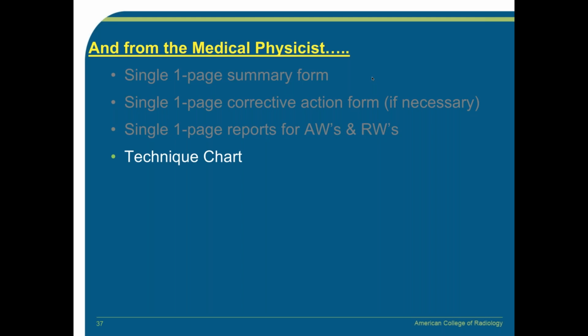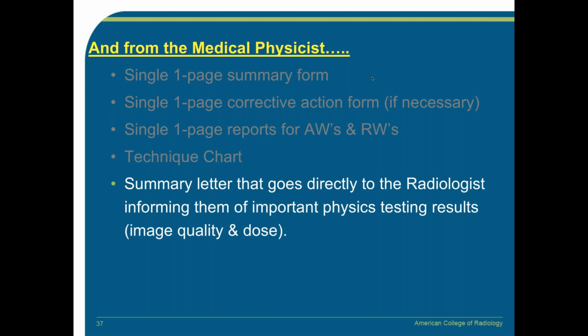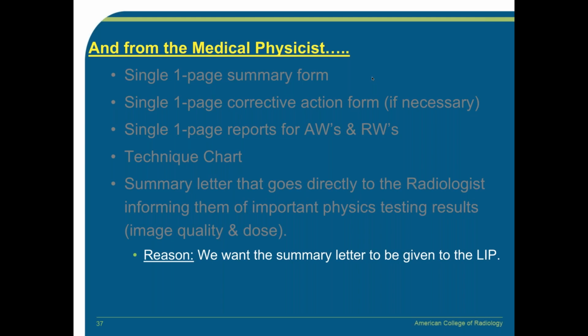We will provide a technique chart for 2D and 3D imaging. We will generate a summary letter that goes directly to the radiologist, informing them of important results, basically focusing on image quality scores and the doses that we find. And this is because we want to get this directly in front of the eyes of the lead interpreting physician.